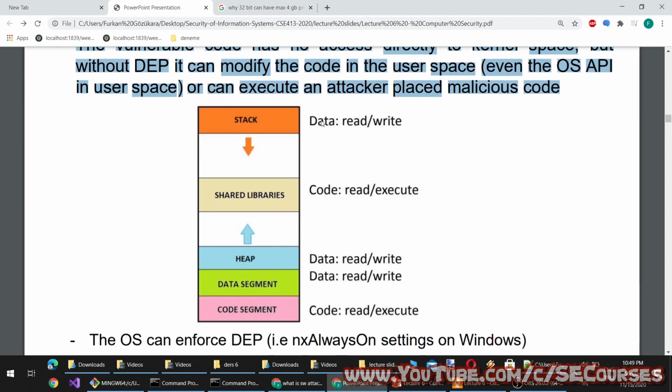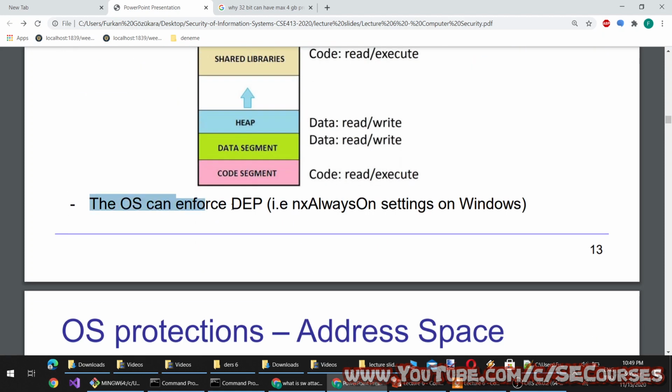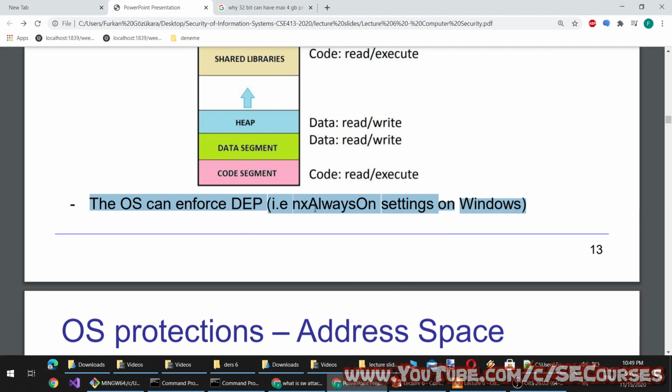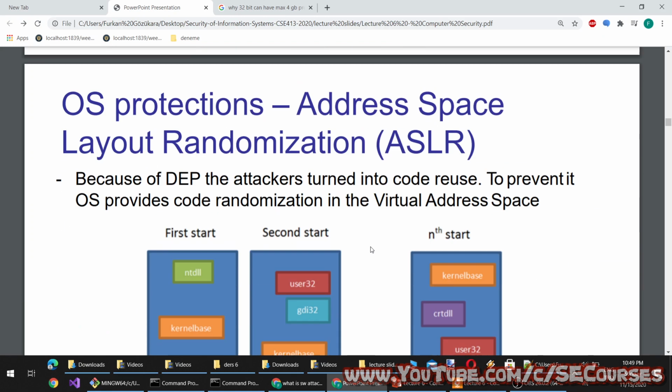Okay, so there is stack, data, read write, and there is shared libraries, code, read execute, and there is a heap, data segment, code segment, read write, read execute. These are the permissions of the code. The OS can enforce DEP, IE NX always on settings on Windows.